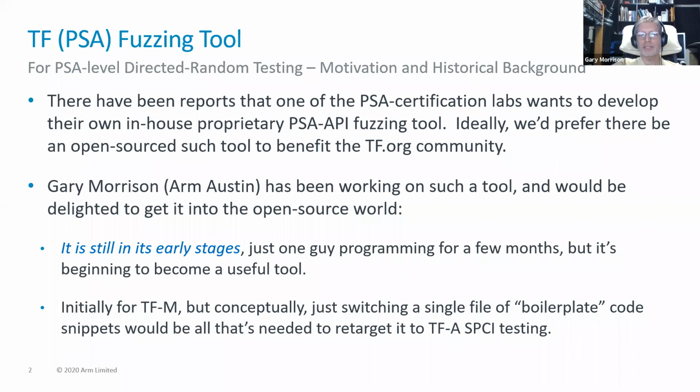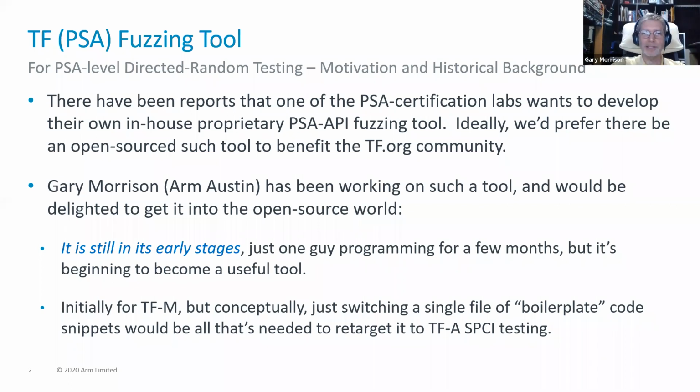There was one of the certification labs, the one in China in particular, that was thinking about coming up with a fuzzing tool of their own, and we decided that it would be better, being an open source project, to have an open sourced tool for that purpose, and I was already working on one, so I was delighted to get it out there.